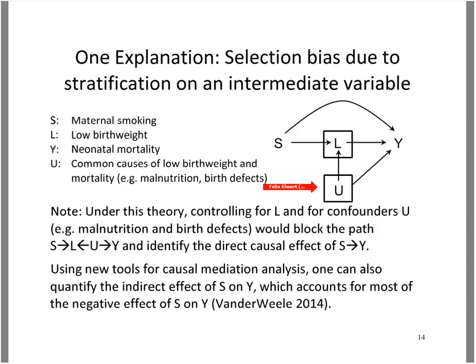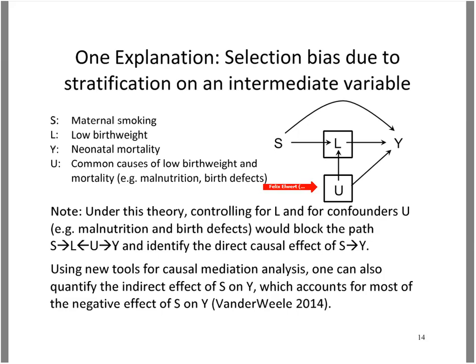And we recall that conditioning on a non-collider blocks the path. So even if you control for L, if you stratify on L, if you additionally control for U, then you're blocking this non-causal path again. Thus, you could run an analysis where you look for the effect of smoking on neonatal mortality among low birth weight babies if you also condition on U.